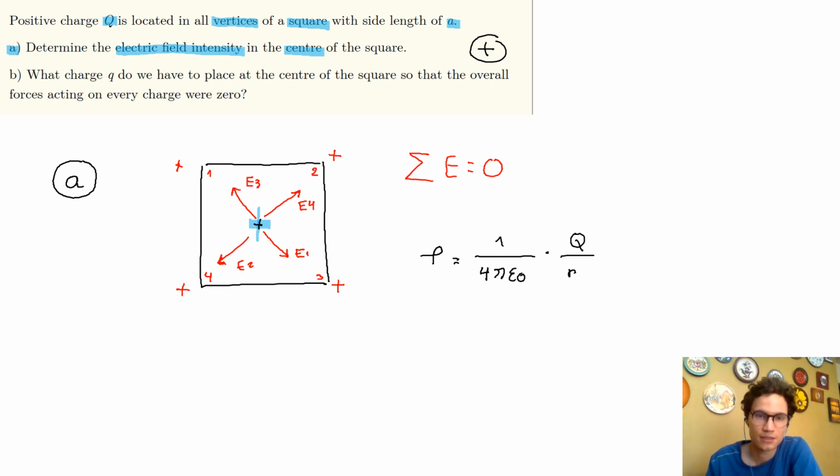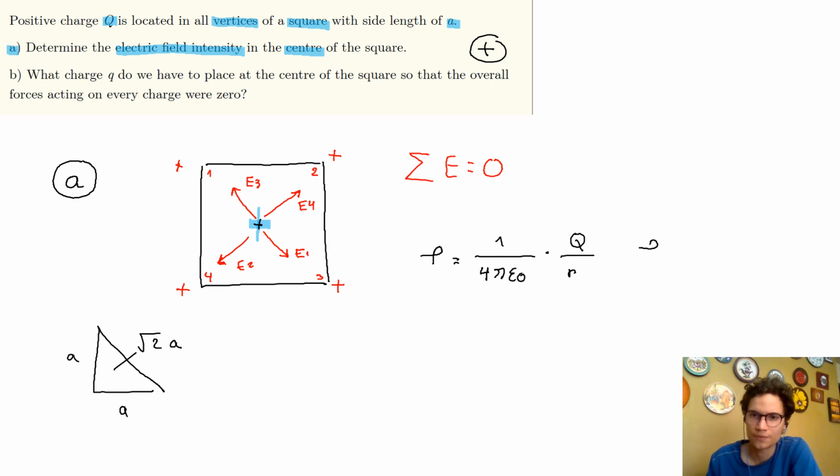And the distance we can observe is basically half of the diagonal, the distance from the center to all of the vertices. If we have sides A and A, the diagonal will be square root of 2 times A. So half of the diagonal is square root of 2 A over 2.